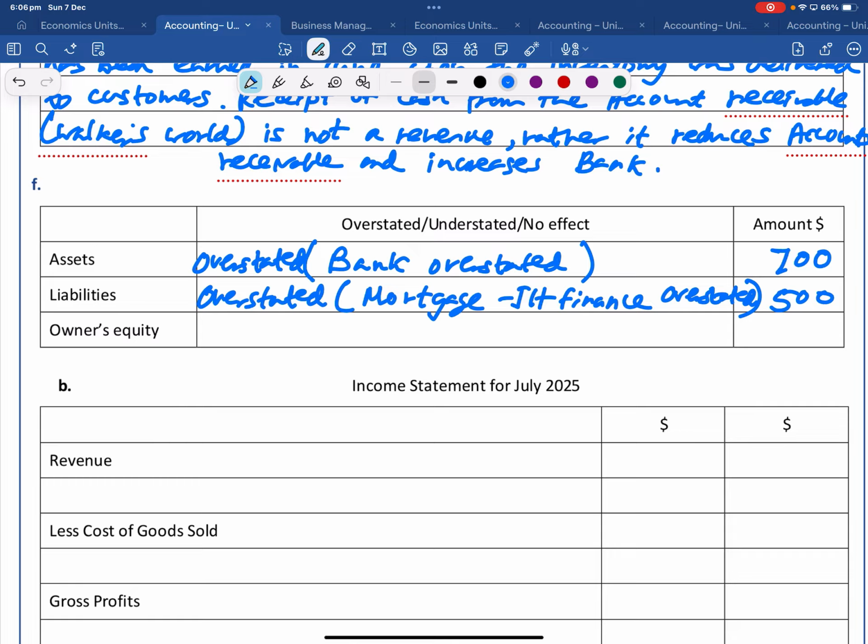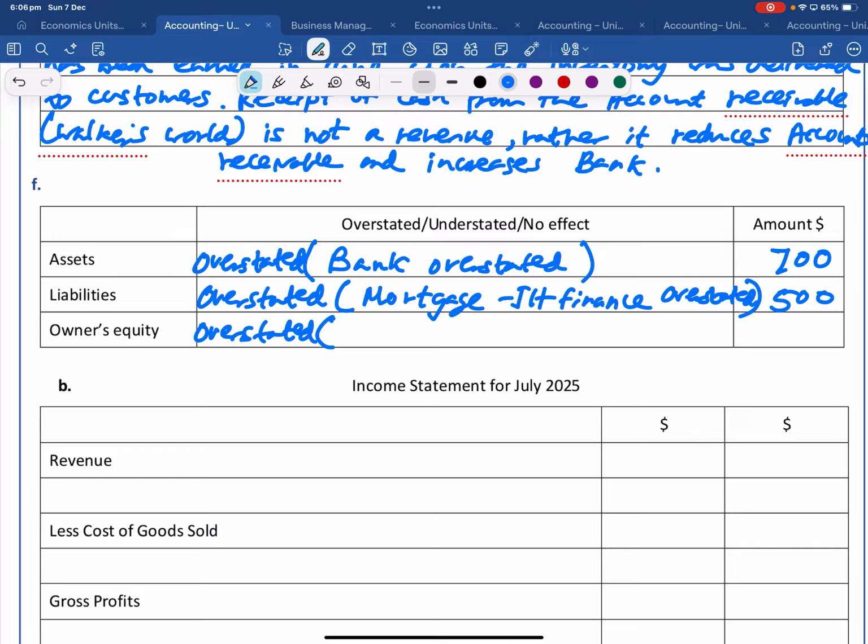Right? And then the next one. What happens to the owner's equity, guys? Overstated. Yes, overstated. So then why is that?